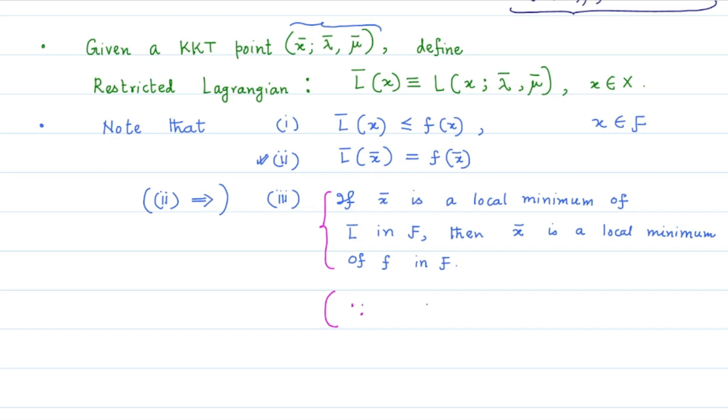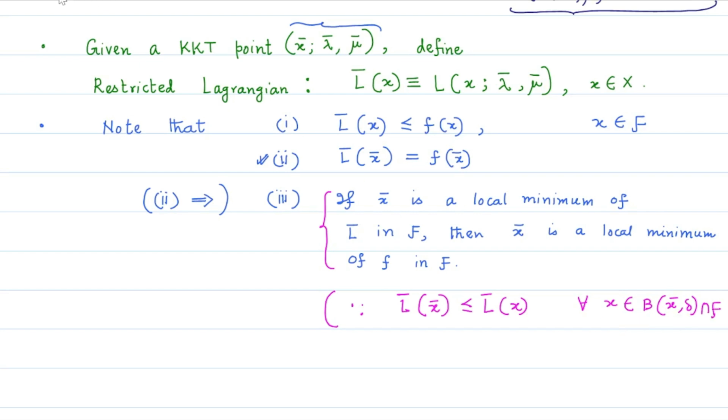That is, we have this inequality that L bar x bar is less than or equal to L bar x for all x inside the intersection of a ball of radius delta with the feasible set.